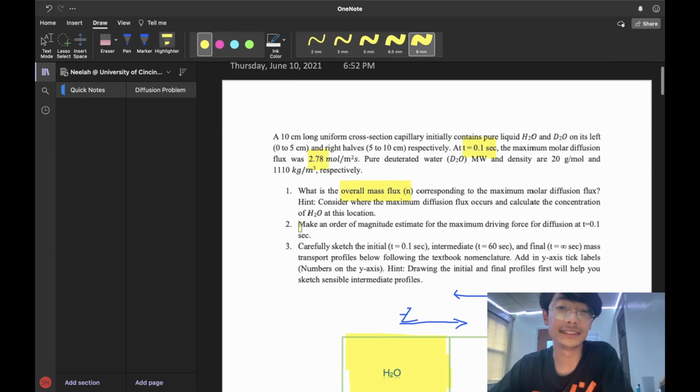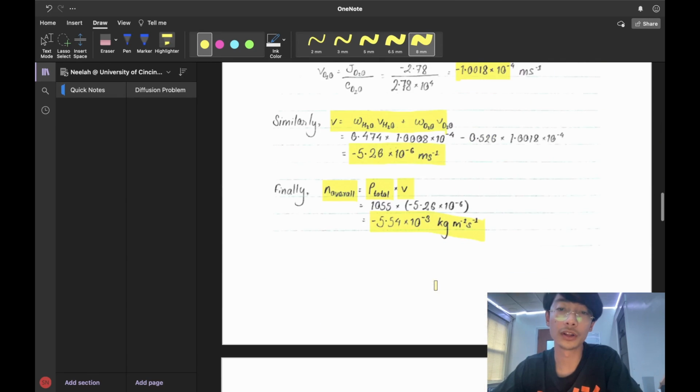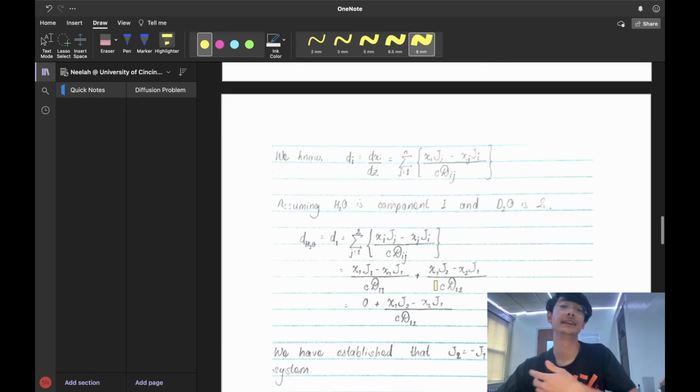Now, the second question asks us to make an estimate for the order of magnitude for the maximum driving force for diffusion at time equals 0.1 second. So it's asking us to make an estimation for the driving force in terms of the order of magnitude. So first of all, how do we calculate the driving force?